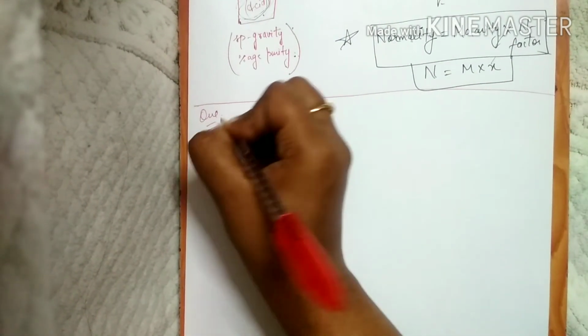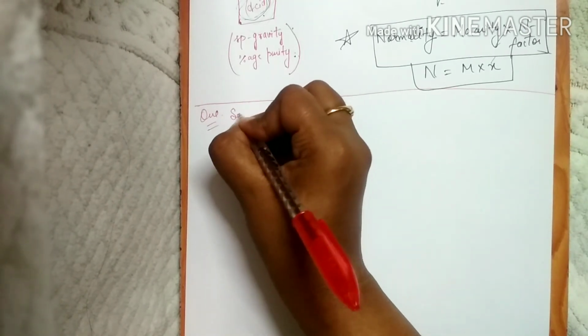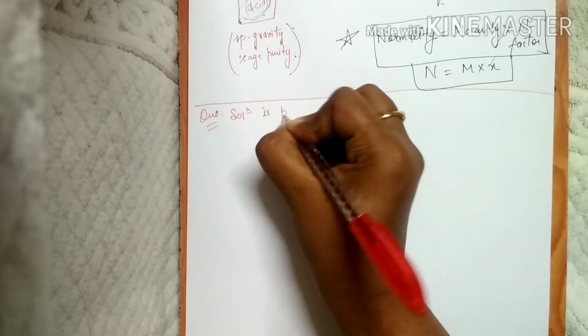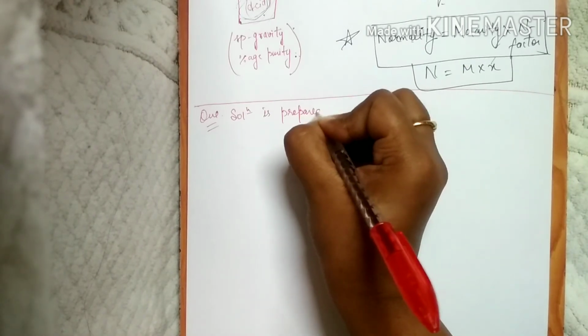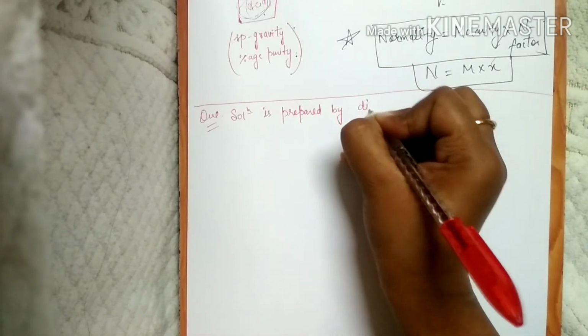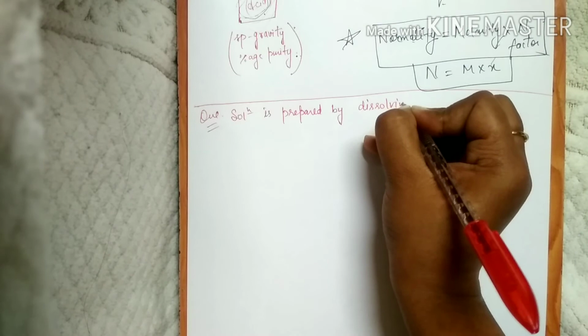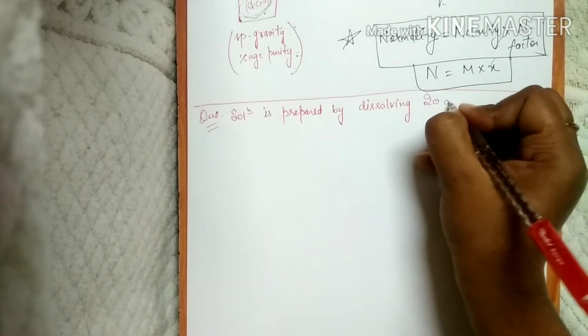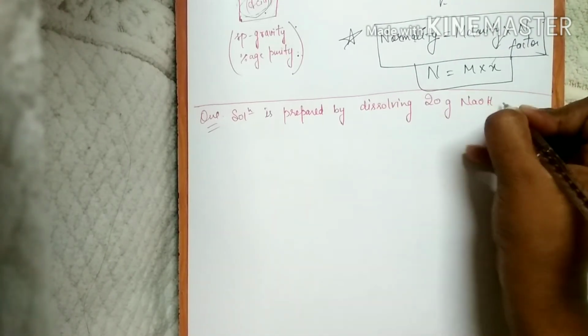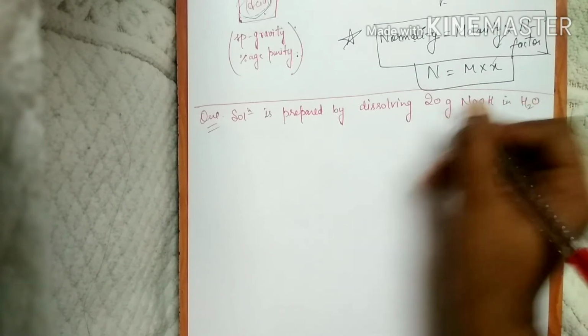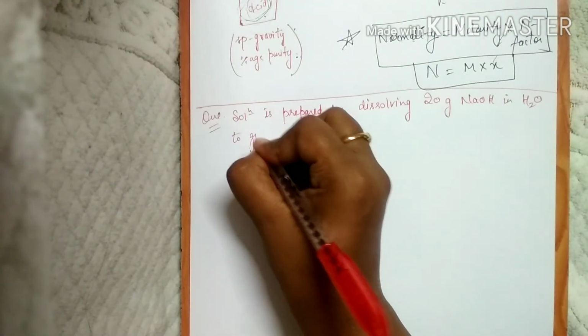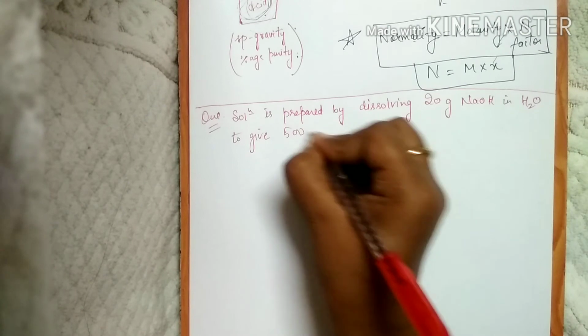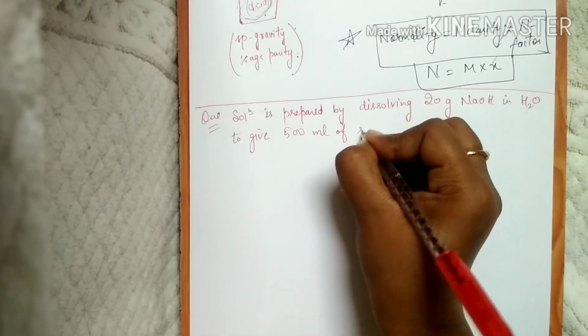Suppose a question is given to you, that is, a solution is prepared by dissolving 20 gram sodium hydroxide in water to give 500 ml of solution.